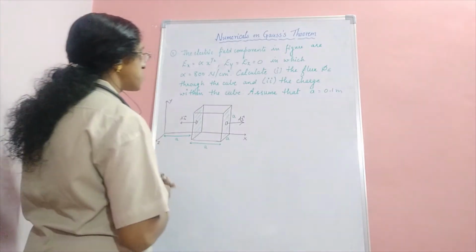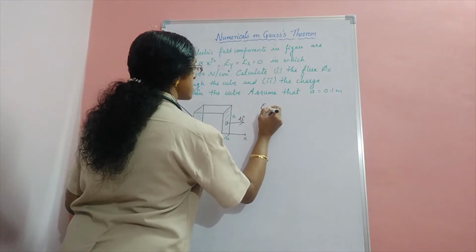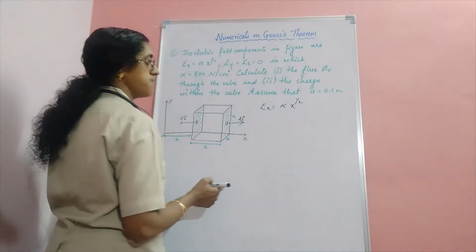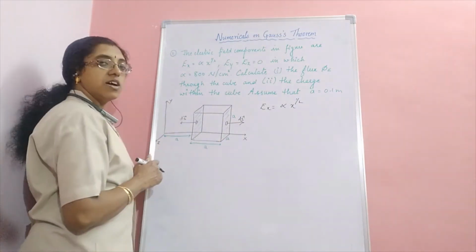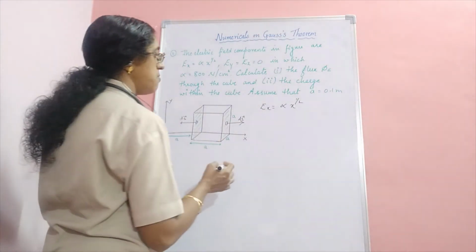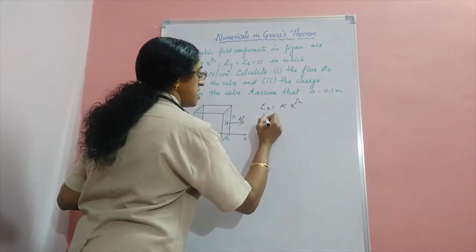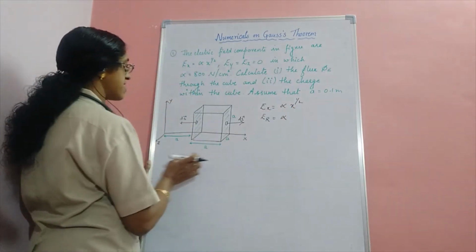Now, coming to the calculation part, we know that Ex is equal to alpha x to the power of 1 upon 2. I'll consider this face as the right face and this face as the left face. For the right face, ER would be equal to alpha, and what is the value of x there?